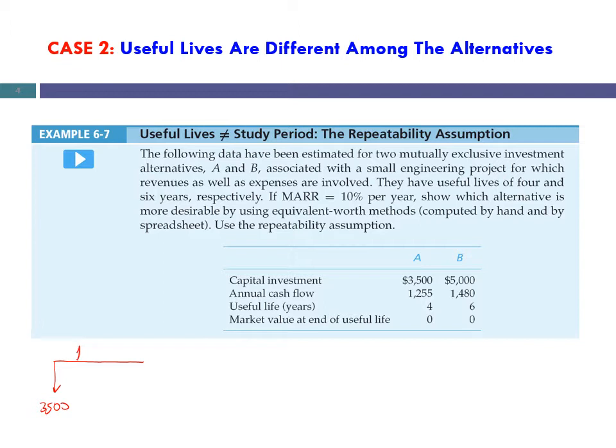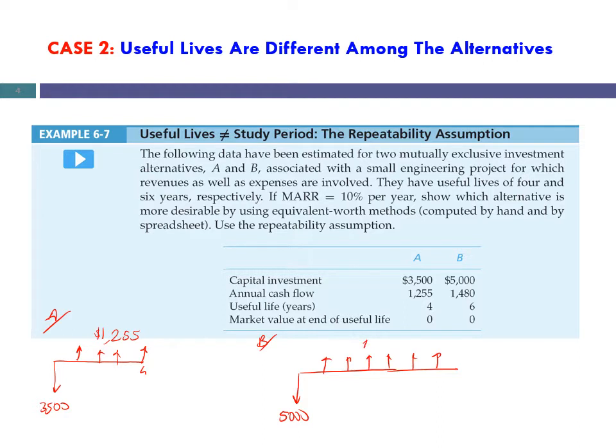Then for 4 years, the annual cash flow is $1,255. The market value is 0. So this is for A. And if I sketch the cash flow diagram for B, the initial investment is this much. Now the useful life is 6 years.